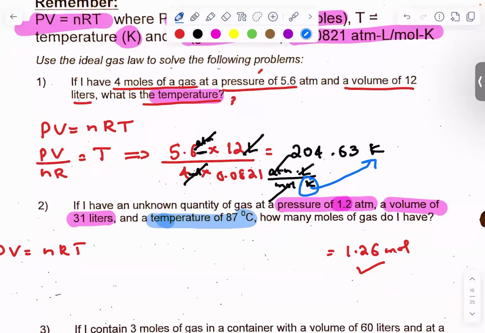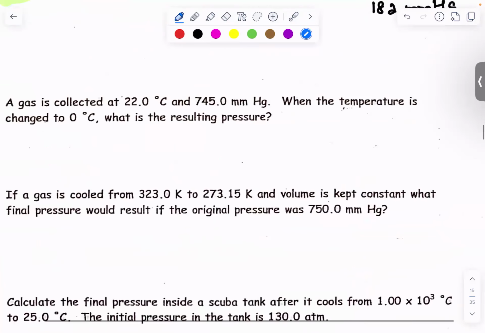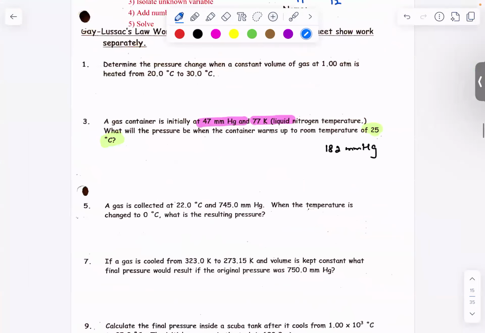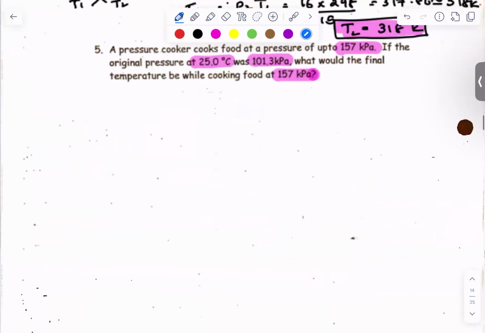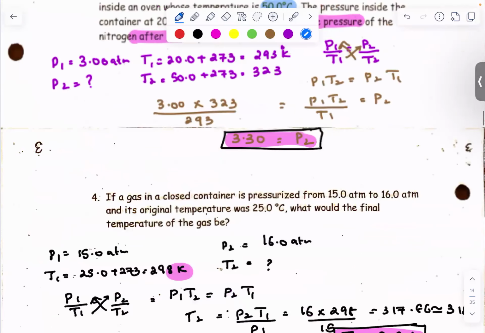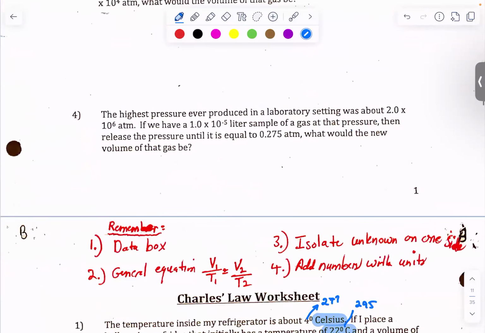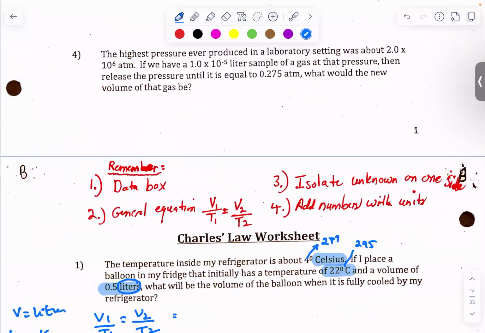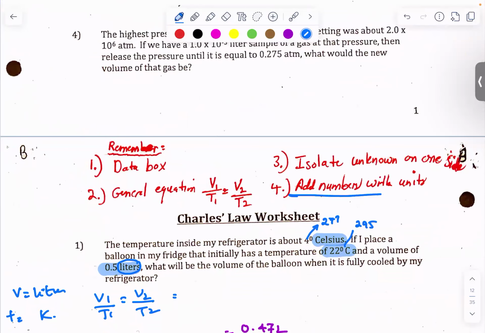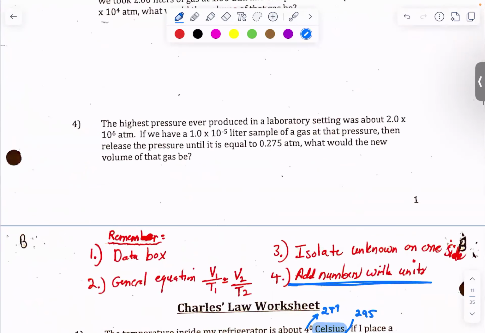So it's better to write down the unit alongside because I'm not sure, but in some worksheet there was something mentioned about it. I think you need to write down the units. And here, yeah, here it is. Add numbers with units. So I think it's better to write the units.